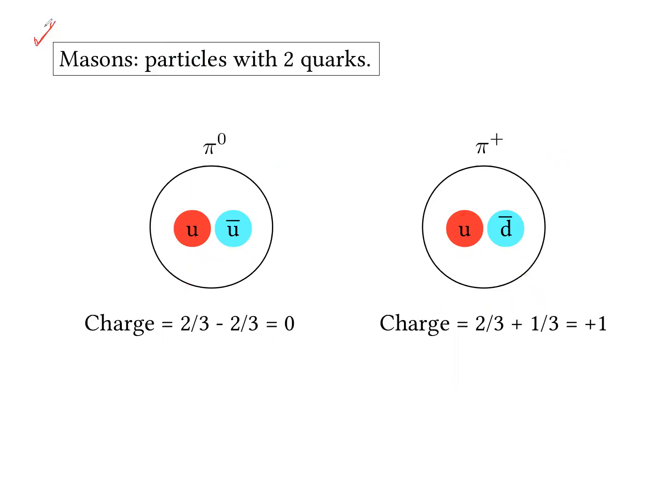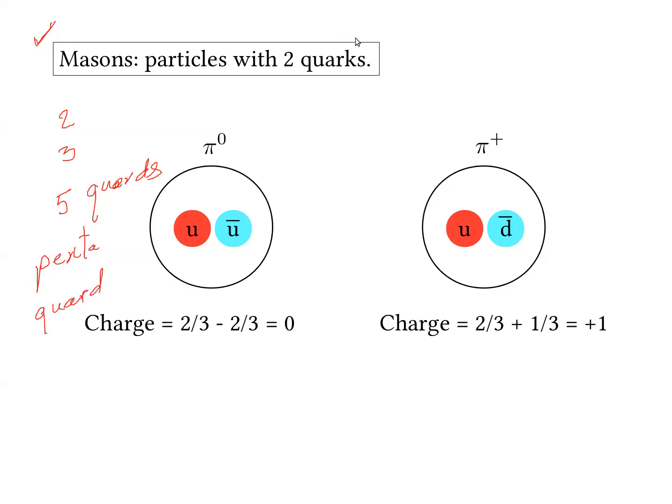A particle made up of only two quarks is a meson. So we have two-quark particles and three-quark particles. There are others that have been proposed, and some have been detected. They are made up of five quarks, and these are called pentaquarks.